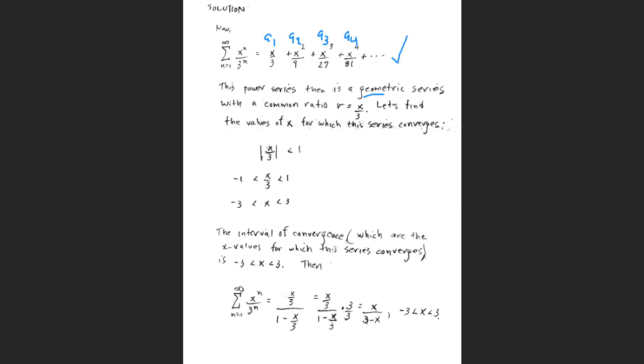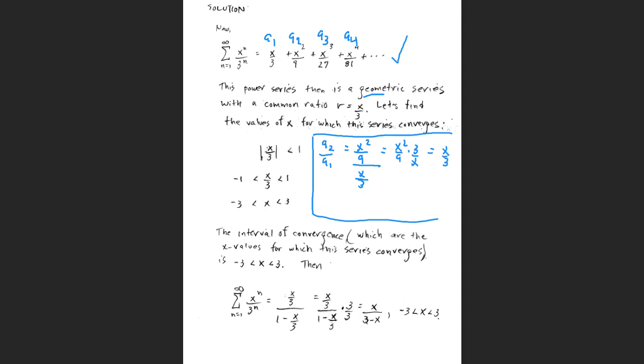If you were to take the second term and divide it by the first term, the second term is x squared over 9. Divide that by x over 3. That's going to give you x squared over 9 times 3 over x, and that will equal x over 3.